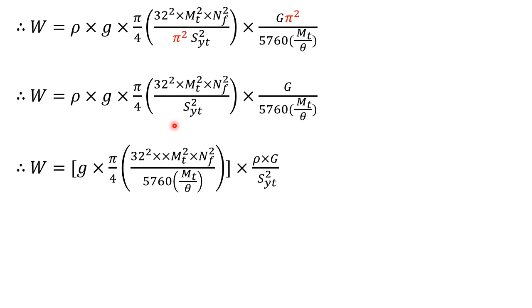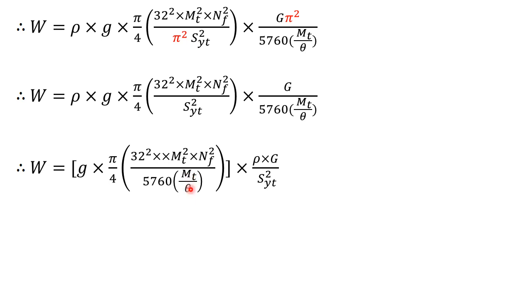And now separation of the constant terms, that is constant means not dependent on material, and terms which are dependent on material. So G is not dependent on material. Mt is not dependent on material because it's given in the numerical that the bar is subjected to this much amount of torque. Factor of safety is constant for a given numerical.